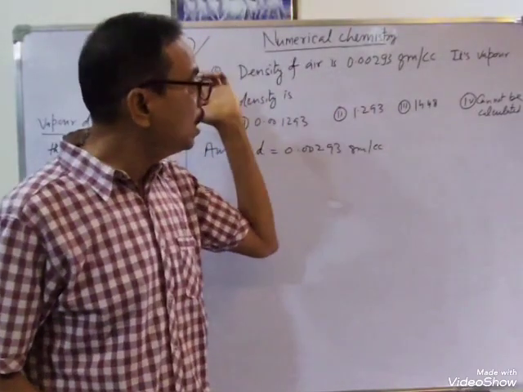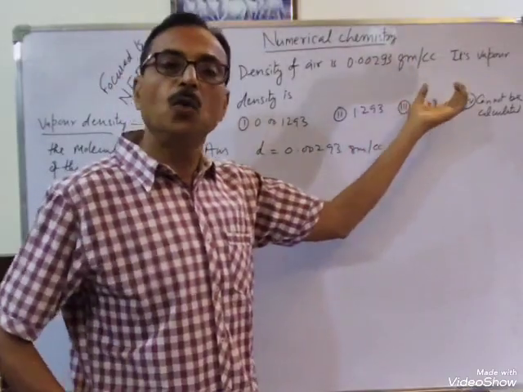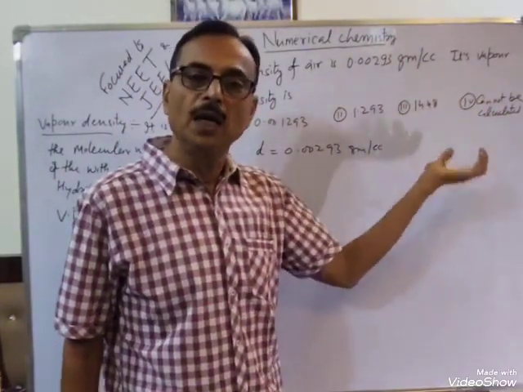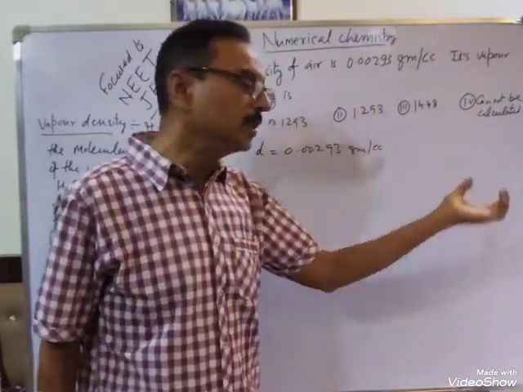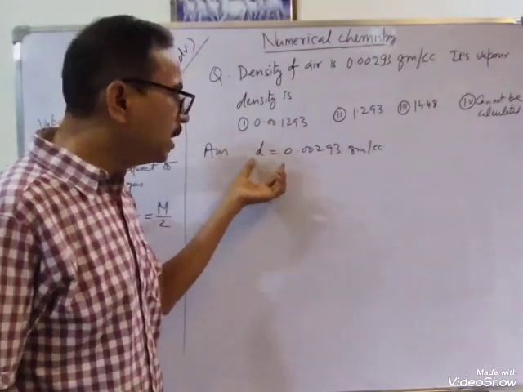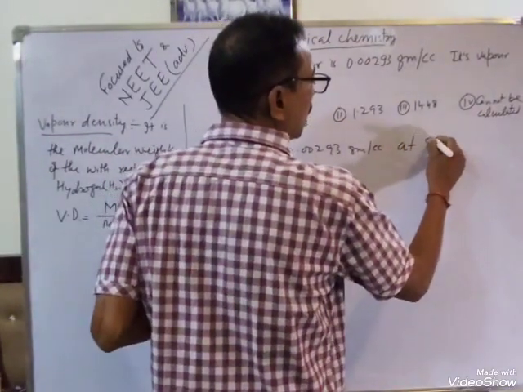So if in any question there is no information about the pressure and temperature of the gas, you consider the standard condition. Here there is no information, so this density is at standard condition.